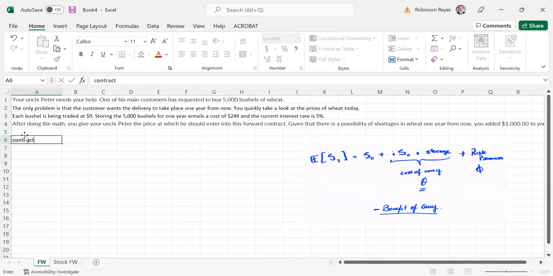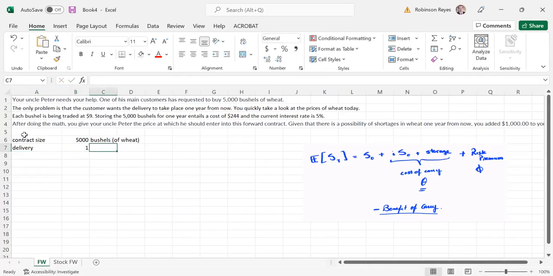So for example, we have contract size, which is 5,000 bushels of wheat, right? And next we have a delivery date, and we know that the delivery is 1 year from now.